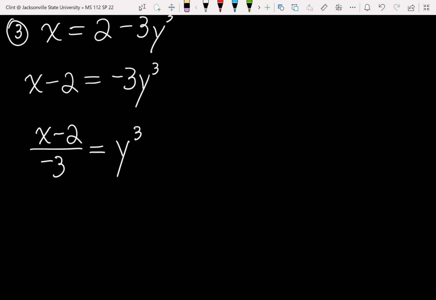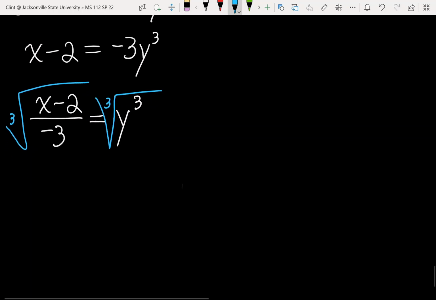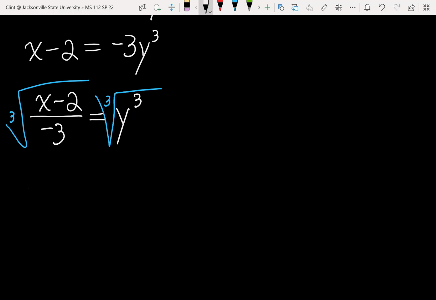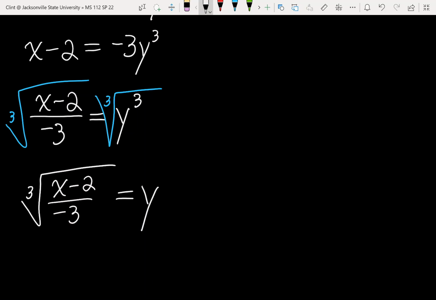So take the cube root, yeah. So we can take the cube root of both sides. I didn't leave myself enough room there. It looks weird. So the cube root of x minus 2 over negative 3 equals y. So that is f inverse.